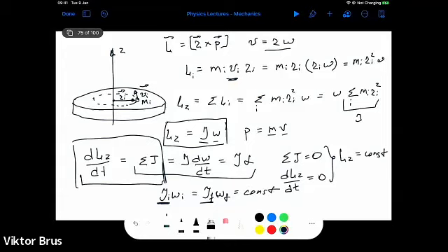That's how you can calculate the change in angular velocity when you increase or reduce moment of inertia.